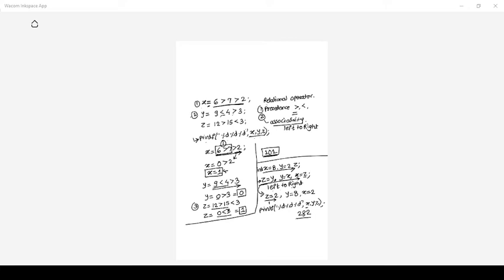Now one more point I want to tell you is that suppose an integer x is equal to 5 is given, and the statement is printf percentage d, x is right shifted by 2. Suppose this type of expression is given.